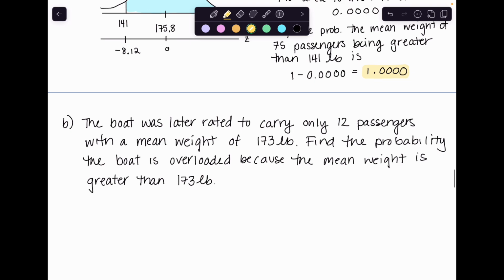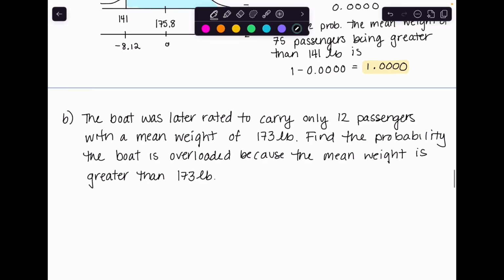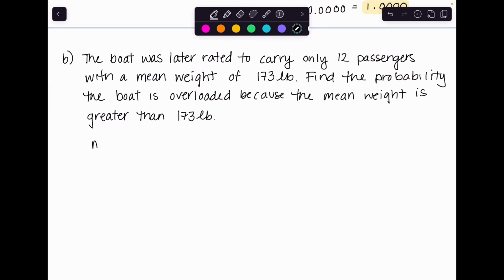So again, I can still apply the central limit theorem because I'm working with normal distributions here. In this case, my value of n is 12, which is definitely smaller than 30, but the data is normally distributed.